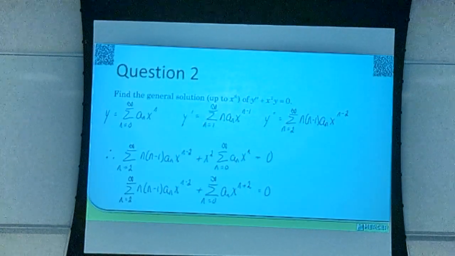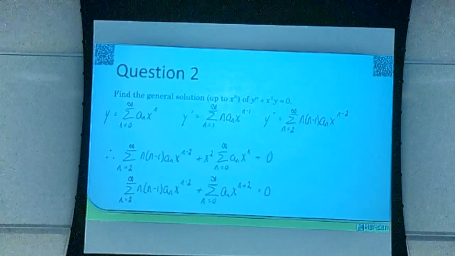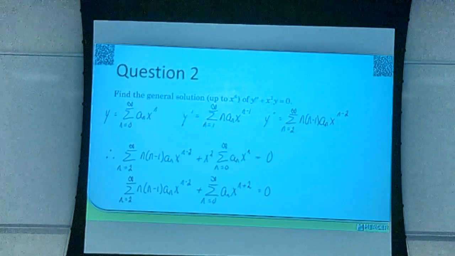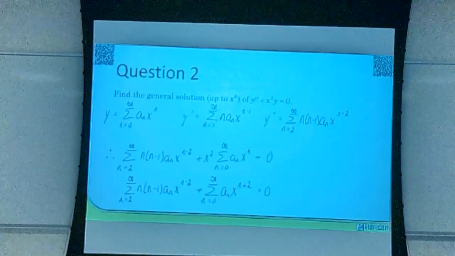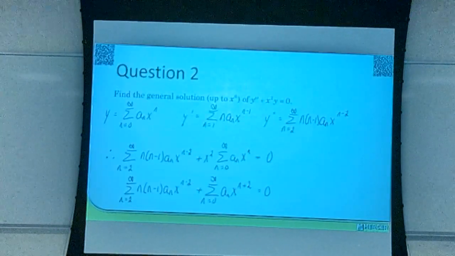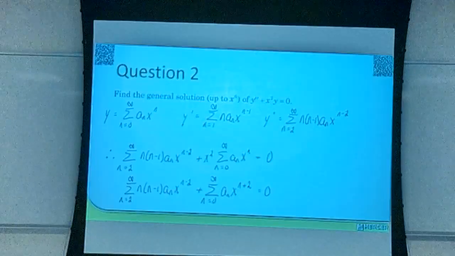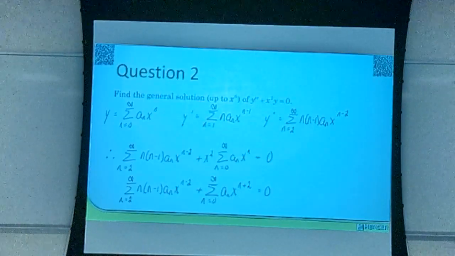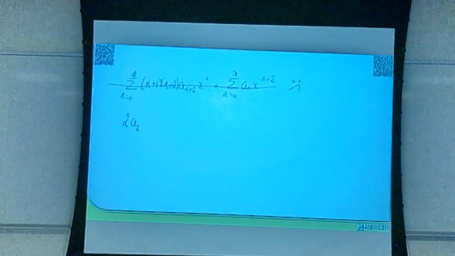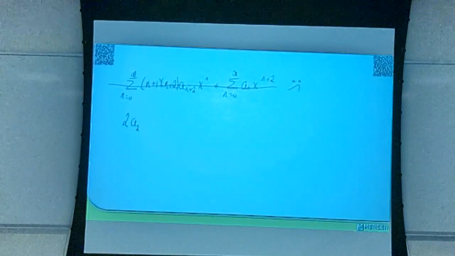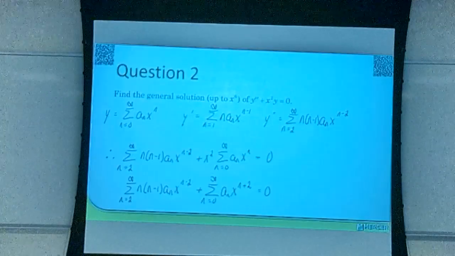So instead, take out the first 2 terms. N equals 2: 2 times 1, right? 2, A sub 2, x to the 0. That's for n equals 2.